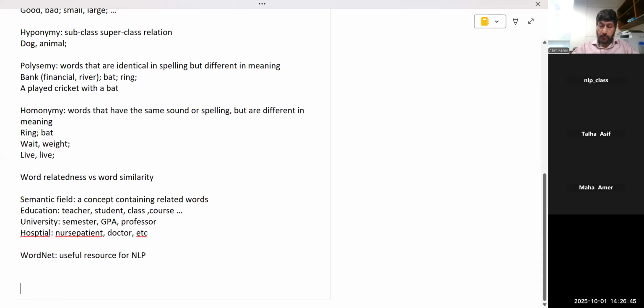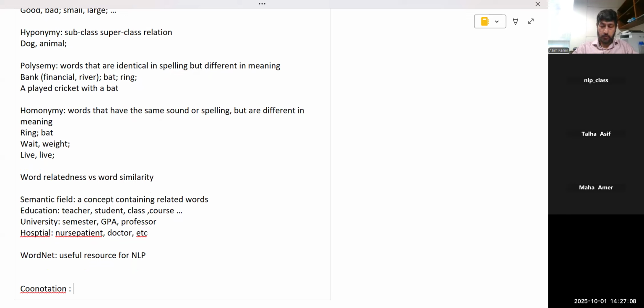Okay, one last concept before we move on is the concept of connotation. Words may have connotations.